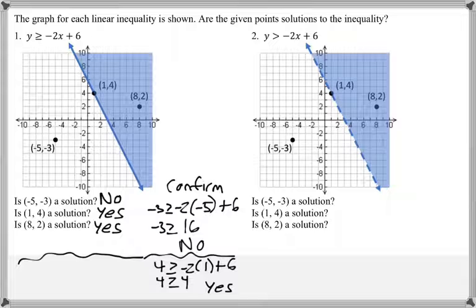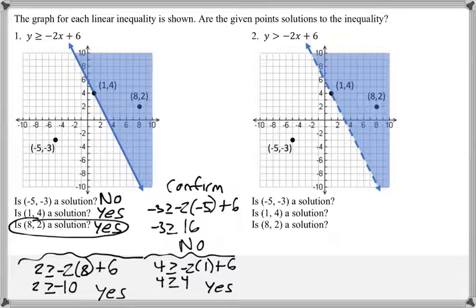We said yes. If we plug that in, we get 2 is greater than or equal to negative 10, which, yes, that is true, and that is consistent with what we found. So again, you don't need to plug it in to confirm, but you can if you want to.